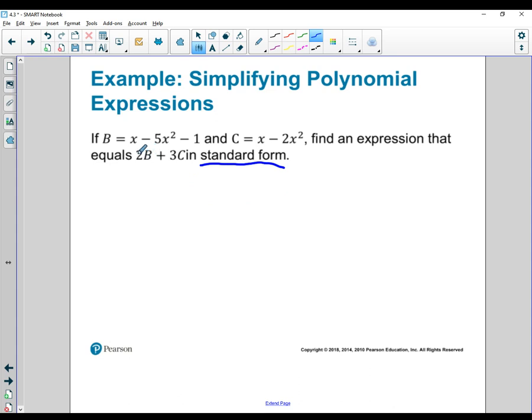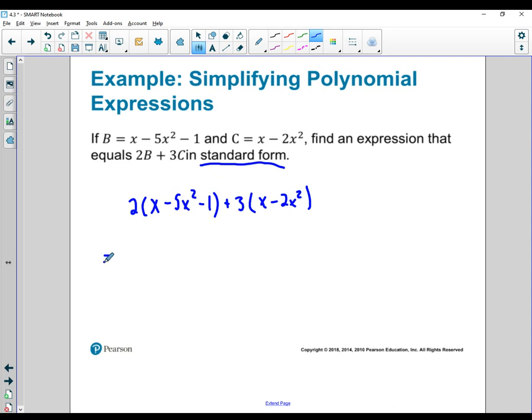So 2b is 2 times that whole polynomial, x minus 5x squared minus 1. In place of b, I put this whole polynomial, and plus 3 times c, same thing. Instead of c, I'm putting this polynomial, x minus 2x squared.